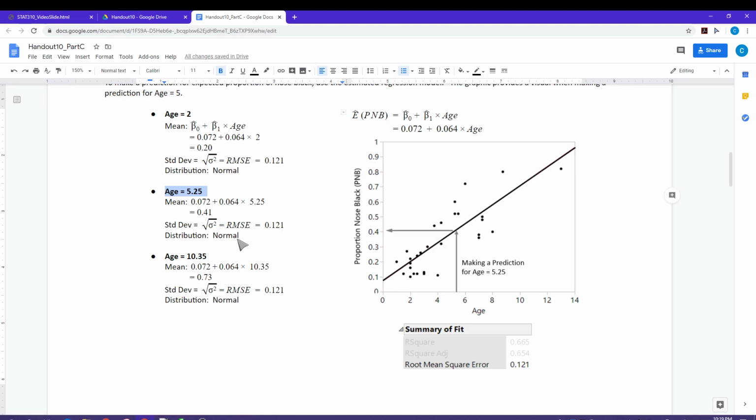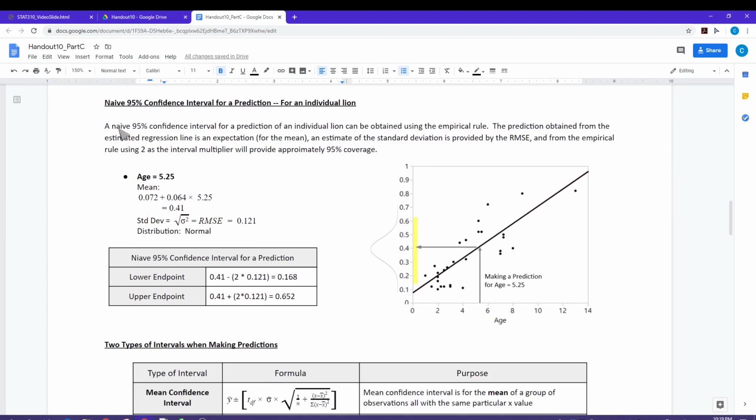From Part B, we make an assumption that this data follows a normal distribution. If I have a mean quantity and a standard deviation quantity, and I assume normality, I can use the empirical rule to obtain an interval for this prediction. So that's what we'll do next.